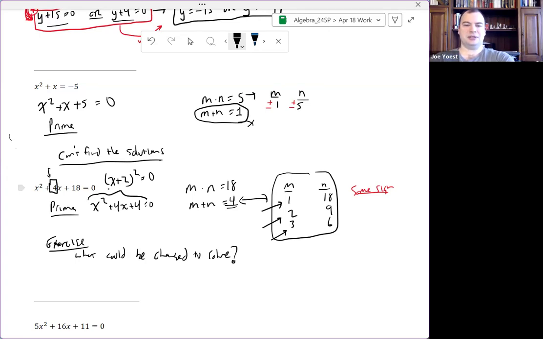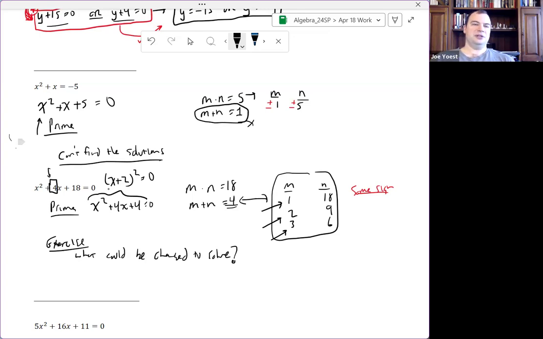A lot of times students ask, how can I study for an exam, or how can I get a deeper understanding of the material? I think this is a great way to do it: go through problems that you've done in class and say, for the ones we did in the lecture portion, we ended up with prime polynomials, and we just said, okay, using this method, we can't solve this.